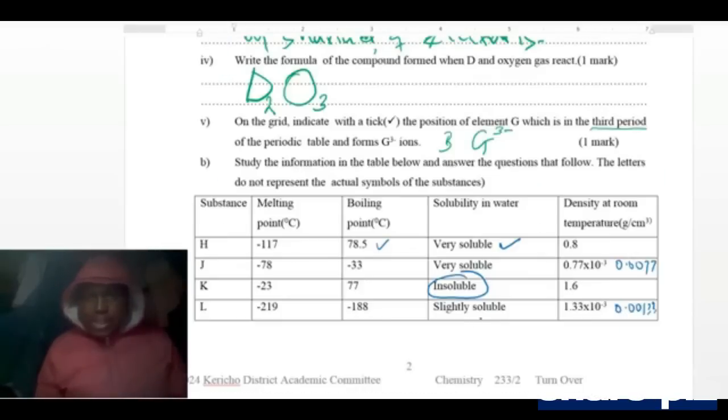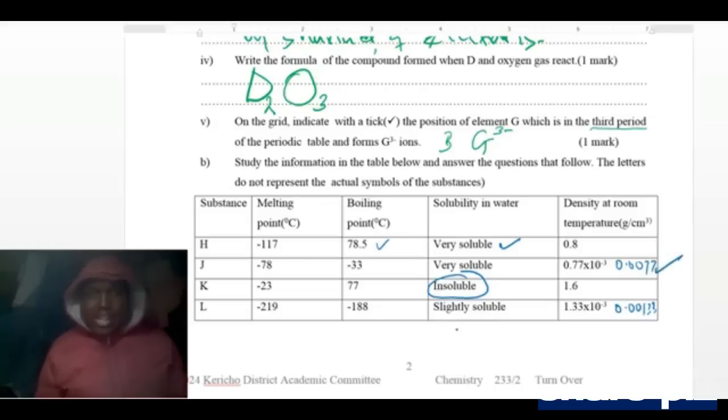So you can see L is 0.013 and that of air was 0.012. So this one is somehow denser. L is denser than air. K is very dense than air. Look at J. J is 0.07, meaning it is less dense than air.